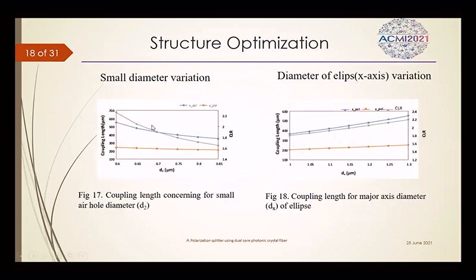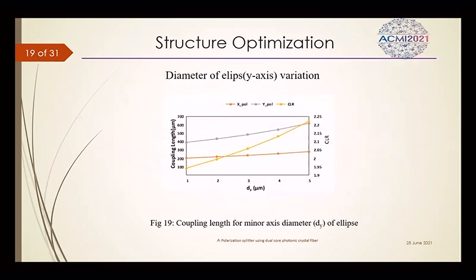Here, in a similar way, the diameter of the small air holes and the diameter of the ellipse in the x-axis are also varied, and we get the optimized values. Here, the y-axis diameter of the ellipse is varied to reach CLR equal to 2.